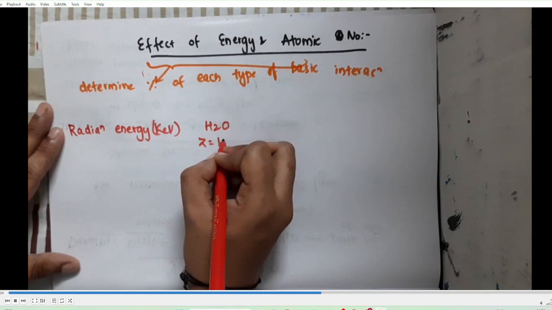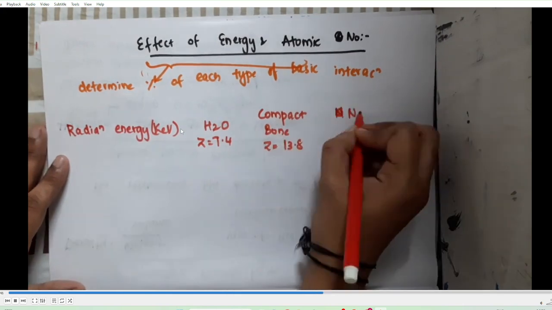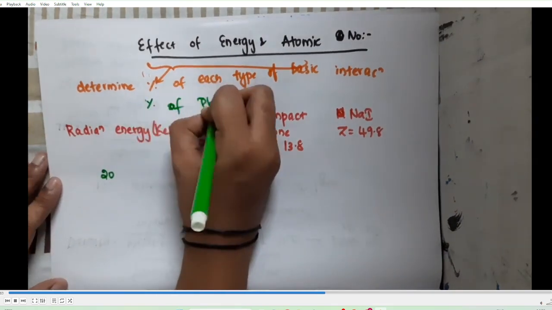The percentage of photoelectric effects for various radiation energies of water, sodium iodide and bone are different. So the percentage of Compton reactions can be separated by subtracting the percentage of photoelectric reactions from 100. If you see this table, just let us draw this table, the important things.